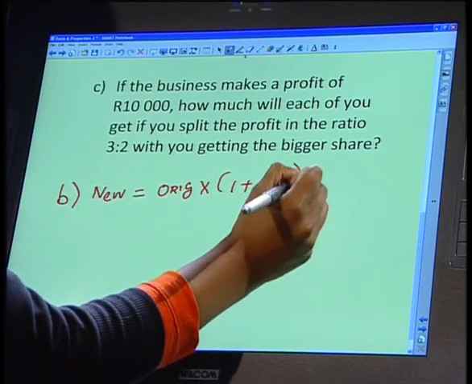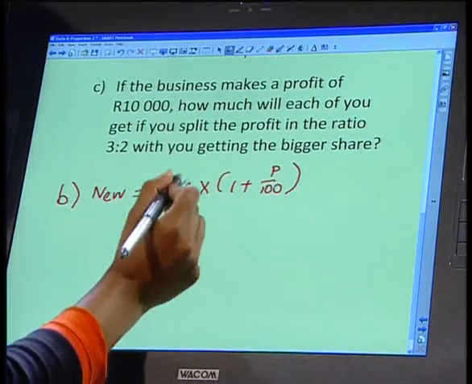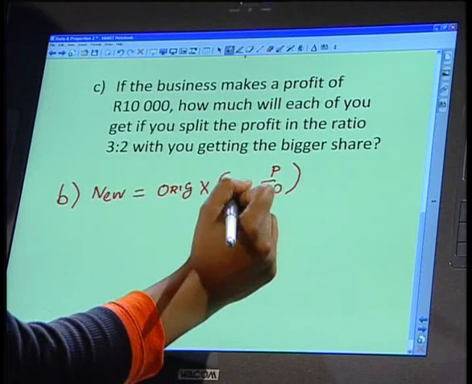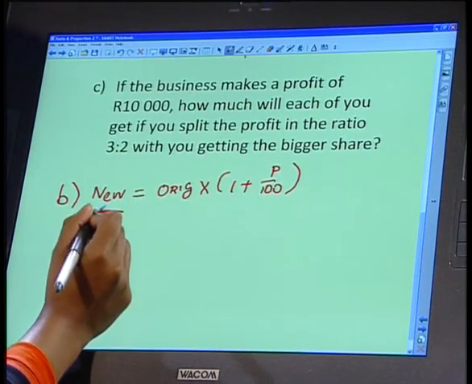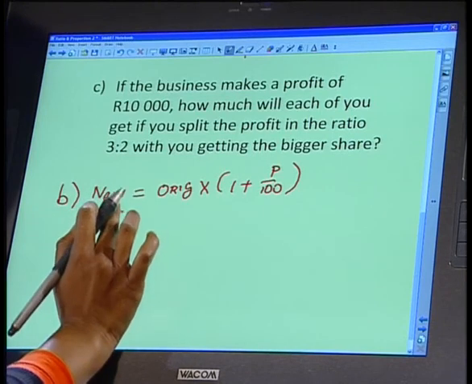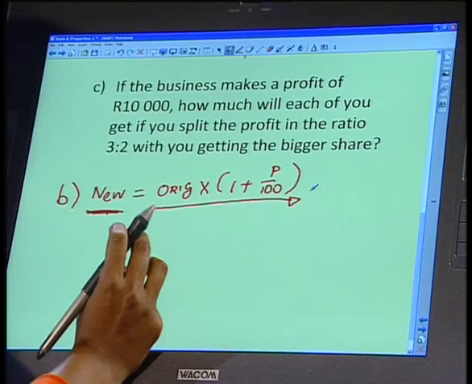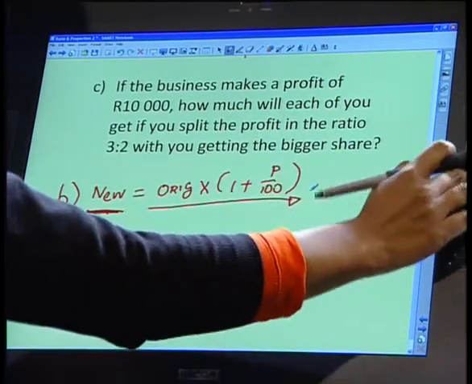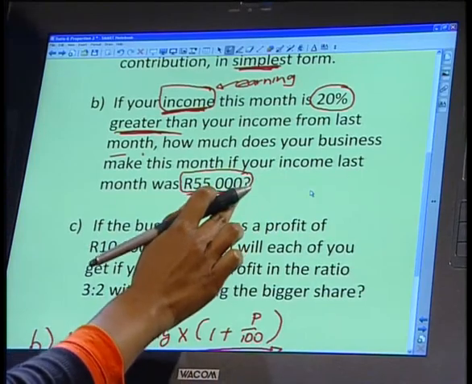So ideally, we would like this in decimal form. So you take your original amount, times that by 1 plus your percentage over 100, and that will give you your new increased amount. This is really the quickest, most efficient way to increase by a given percentage. And that will help you to work out what your income is this month.